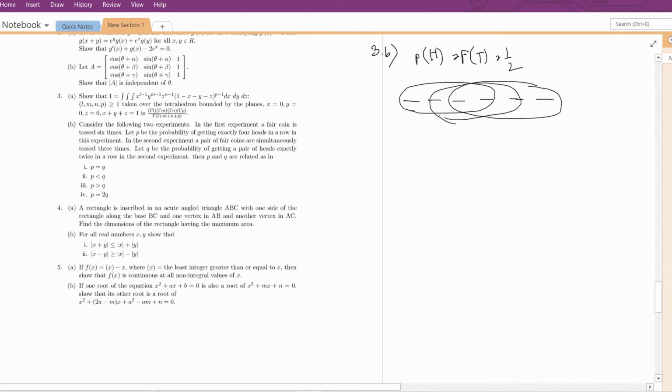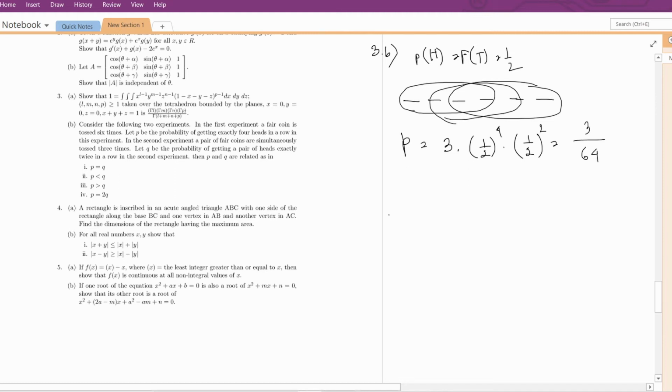So we can see that there are total 3 cases where exactly 4 heads in a row can occur. Then this probability P will be equal to 3 into half to the power 4 for the 4 heads, into half for each of the other 2 tails, so this will be 3 divided by 2 to the power 6, which is 64.